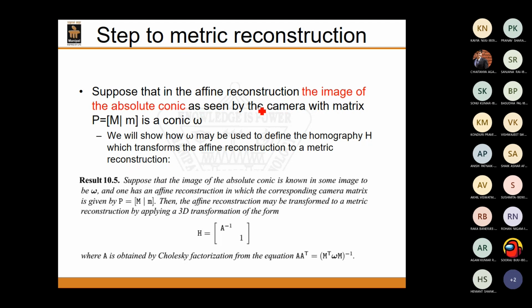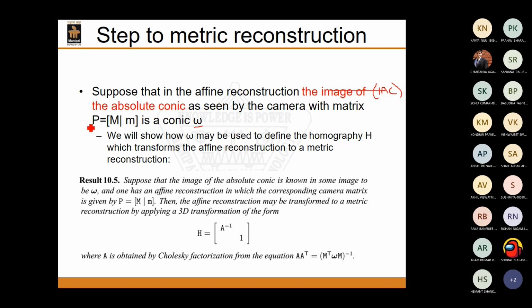So here, suppose that in the affine reconstruction, we have obtained the image of the absolute conic. The image of the absolute conic is abbreviated as IAC. Okay, IAC, image of absolute conic. Let's say it is given by omega. We are using the denotation omega, right?